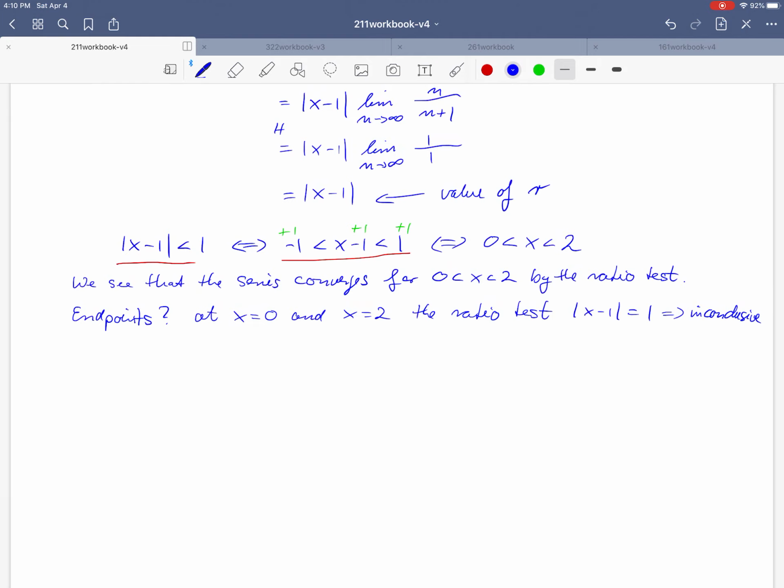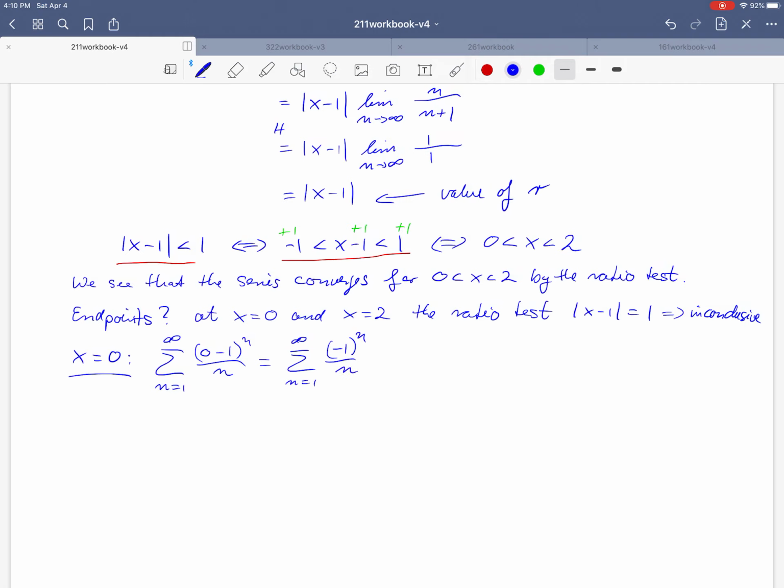So let's do that. Let's look at what happens at x equals 0. Let's remember what our series was. Our series is the sum from n equals 1 to infinity of (x minus 1) to the n over n. So that is (0 minus 1) to the n over n, which I can rewrite as (minus 1) to the n over n.